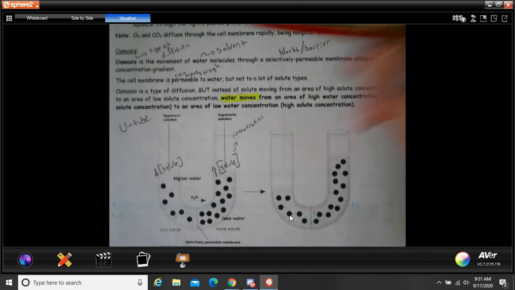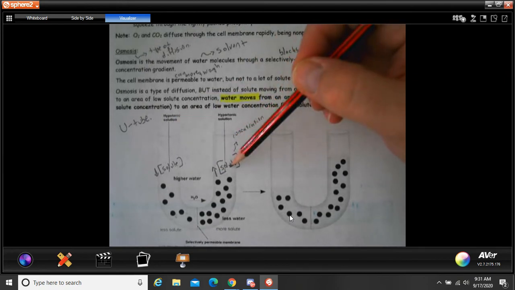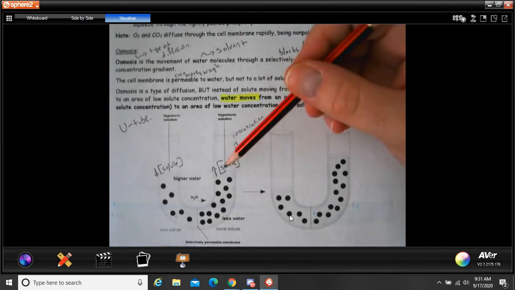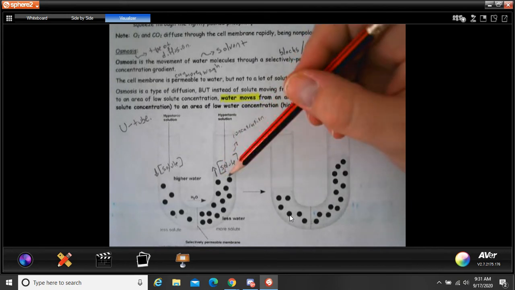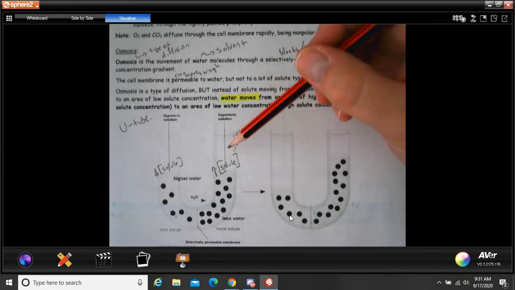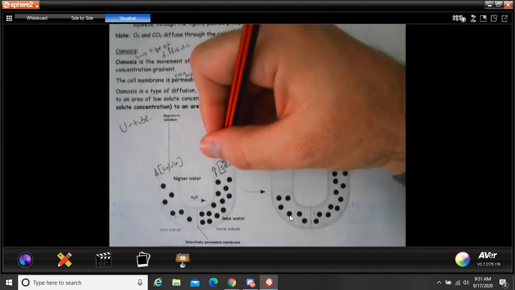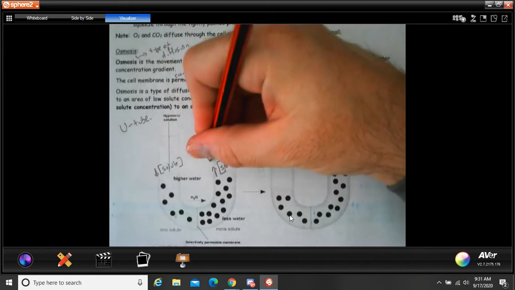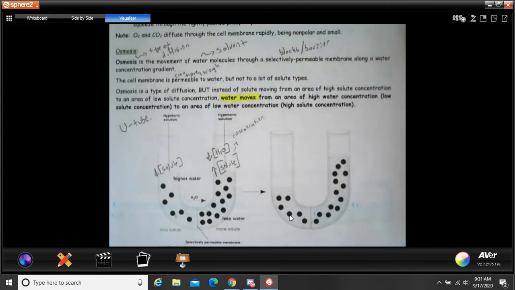Now, in order for us to predict what that's going to look like, this is a high solute concentration. Since this is an amount of water, it's a ratio of water to volume. In this one I have a lot of solute, which means there's going to be a high concentration of it compared in the same volume. But at the same time, if I have high solute, I'm going to have low water concentration.